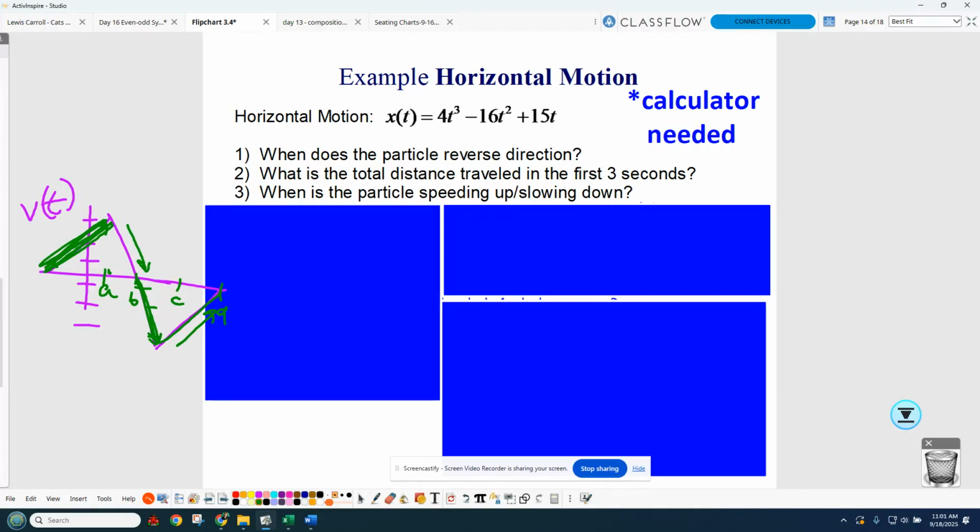Okay, so here velocity is positive and the slope of this line is positive. Here velocity is negative and the slope of velocity is negative. Do I have a rule yet?